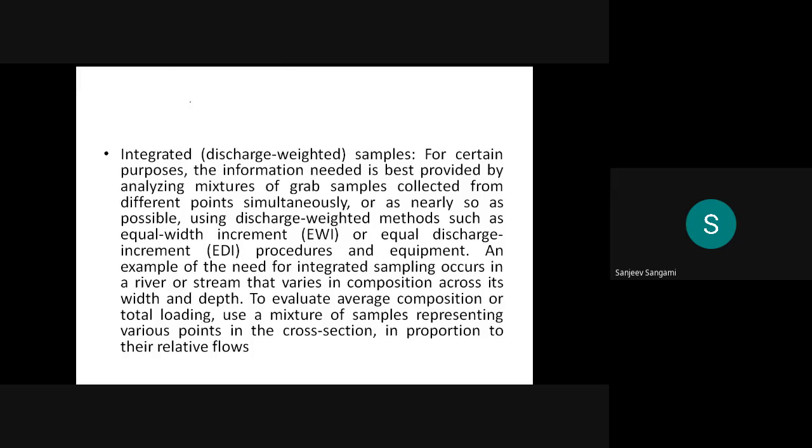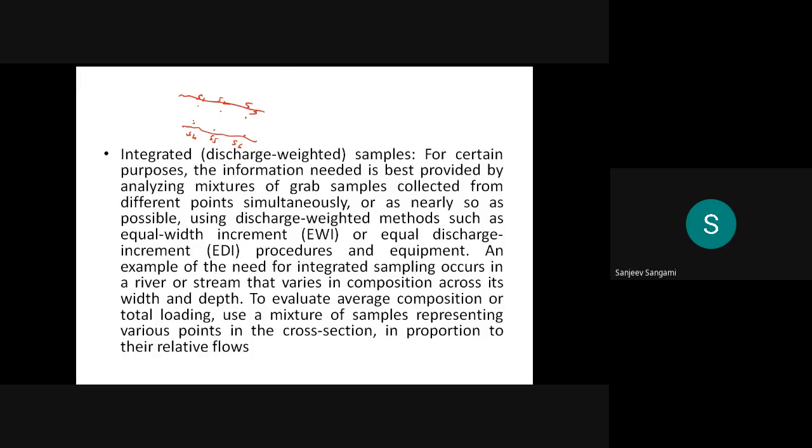For example, you have a river section. Assume that we consider these three points, and here on the other side also consider these points. Wherever the discharge as well as the depth are constant, there only you have to collect all these samples. Assume this is S1, S2, S3, S4, S5, and S6.